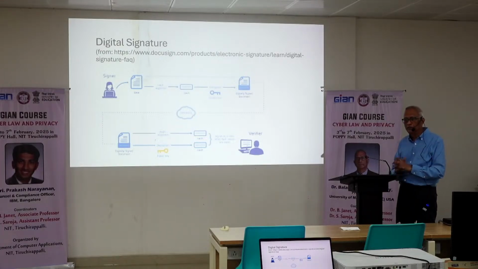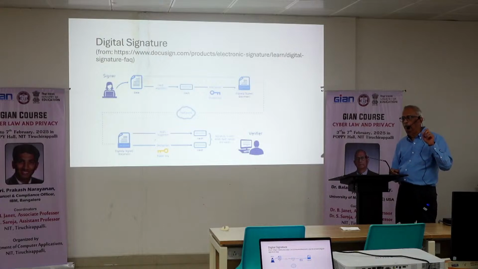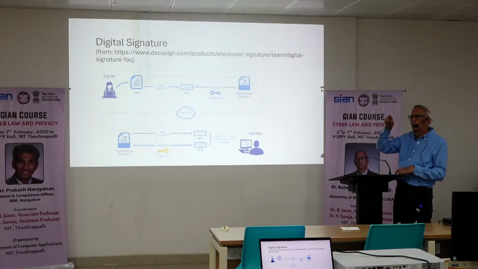You get the public key from the certification authority, and they assure that the public key is the public key of the person who has the corresponding private key.